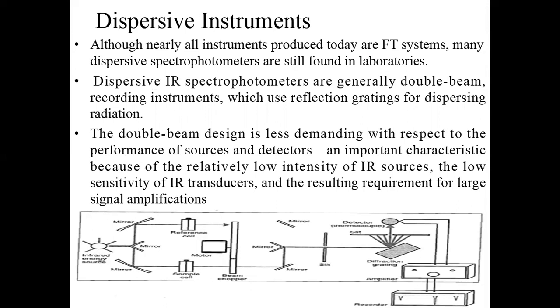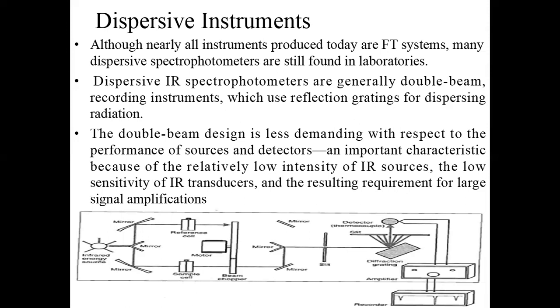And in this diagram, we can see the infrared energy source, and the beams pass through different mirrors, and there is a reference cell and sample cell, and there is also a motor, and the light is passed through the beam chopper, and different mirrors are also present at different sides.